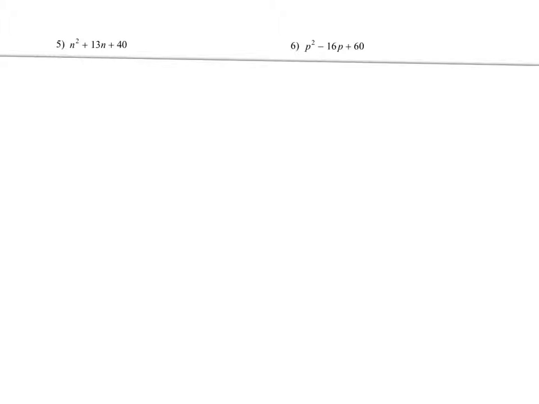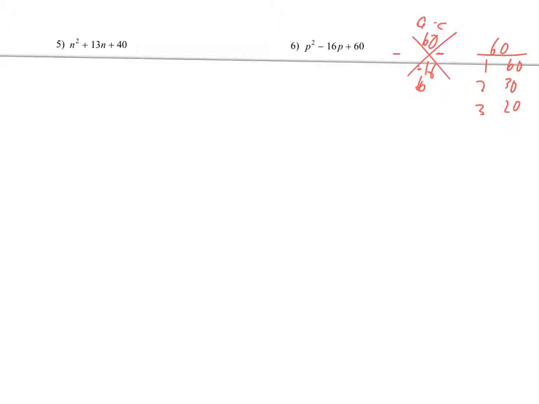All right, next up here, once again, I'm going to put a times c up top and put b on bottom. So b in this case is negative 16, and then a times c is 60. So since I'm multiplying to a positive and adding to a negative, I know these are both going to be negative. I'm just going to think about what multiplies to make 60. You get 1 and 60, 2 and 30, 3 and 20.